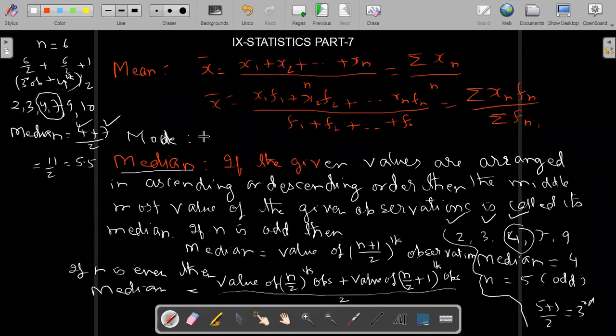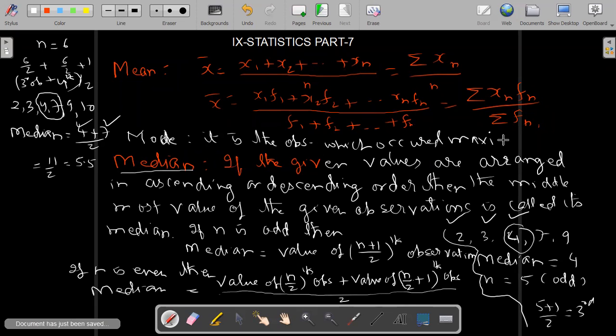So the mode is the observation which occurred the maximum number of times.